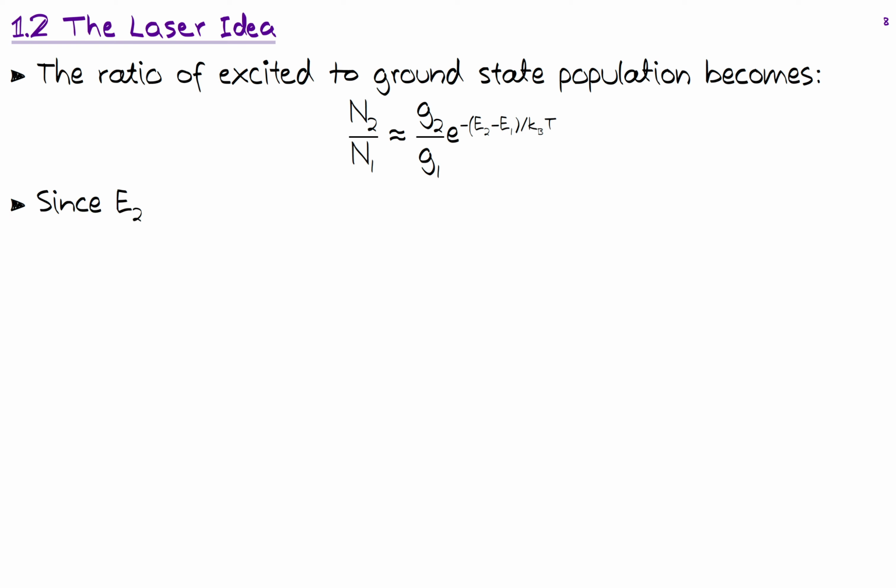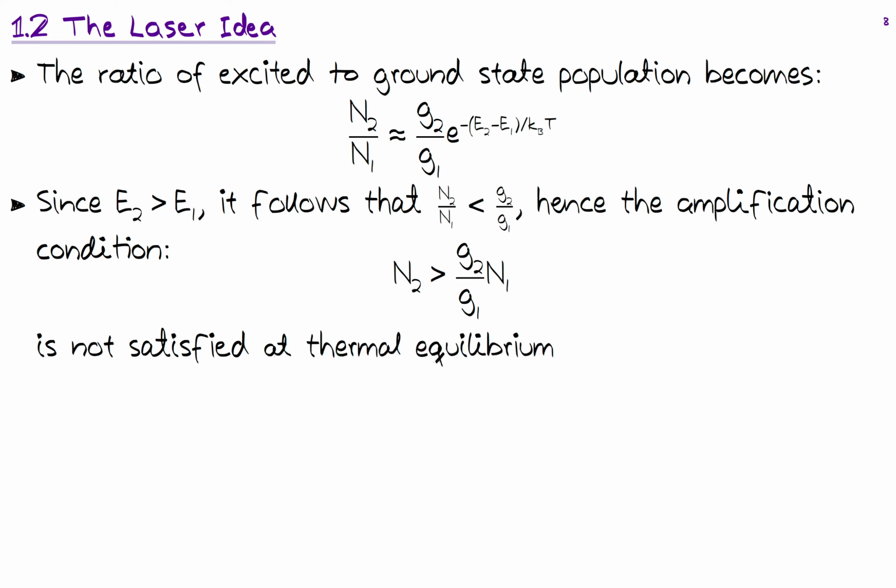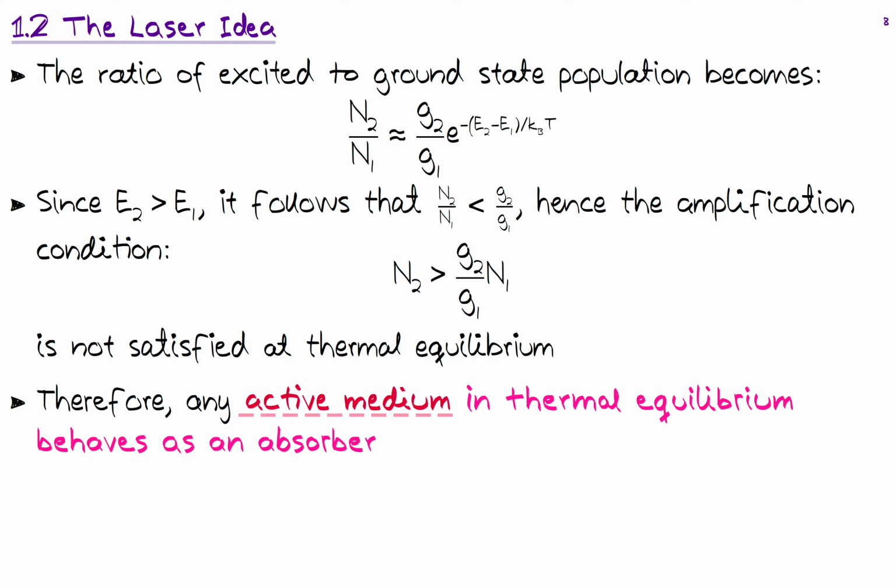E2 is the higher energy state, so this ratio is smaller than the degeneracy factor ratio, and thus the amplification condition, N2 larger than G2 divided by G1 times N1, is never met at thermal equilibrium. This means that any active medium in thermal equilibrium behaves as an absorber and not as an amplifier.